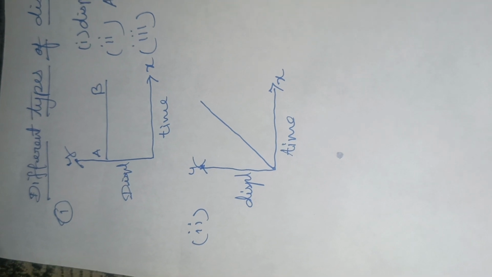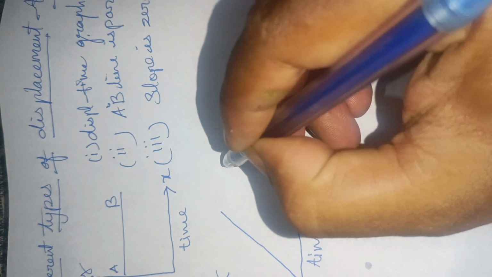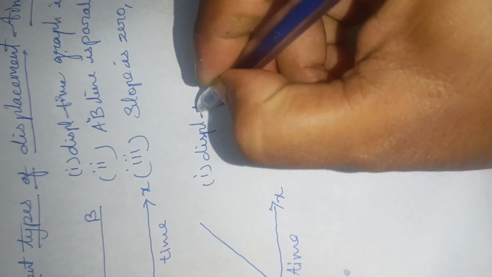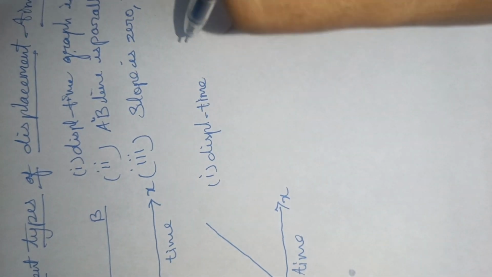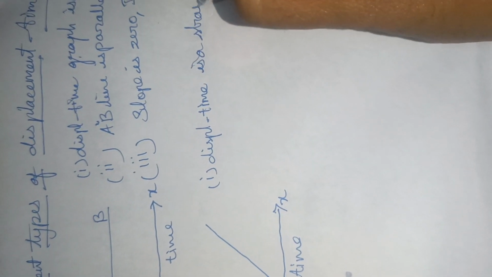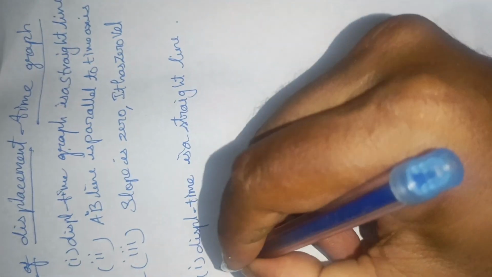Point number 1, we have to write in words: the displacement time graph is a straight line.